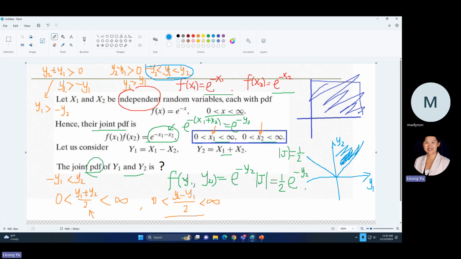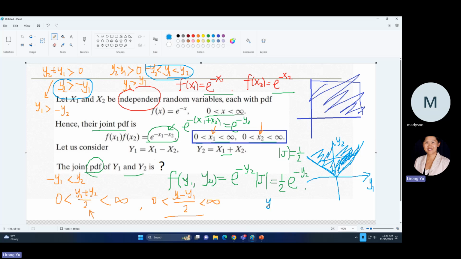And y2 is higher than negative y1, so y2 is higher than that line too. So our domain is in that part, the combined effect of both equations. It's kind of like the first quadrant turned 45 degrees. That's the support. So we finish our reasoning.